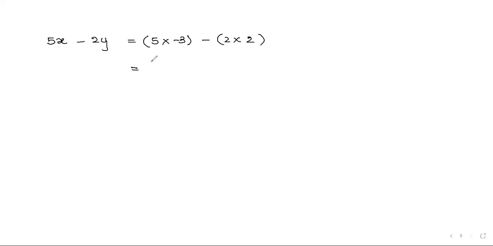So 5 times negative 3 is negative 15. Then 2 times 2 is 4. Then negative 15 minus 4 is negative 19. So when you get the 5x minus 2y value, it gives me negative 19, when I substitute the values I found for x and y using the first equation. So this is the second equation, this is the next one.